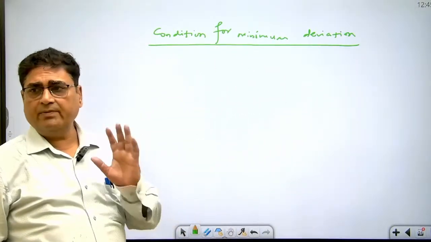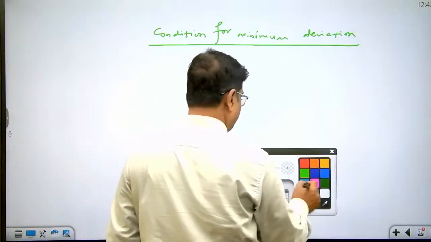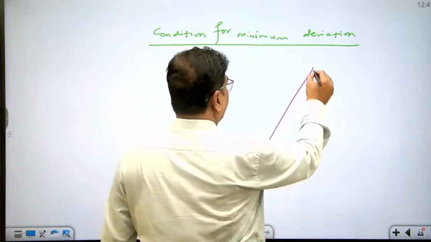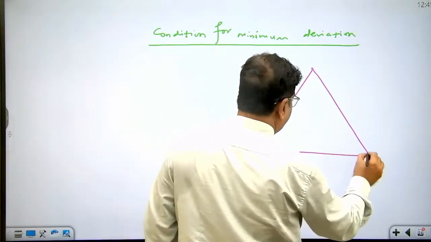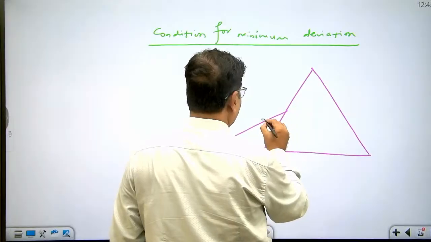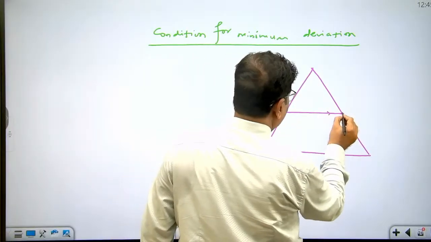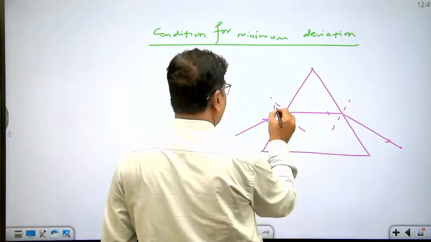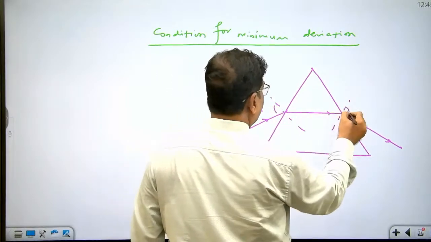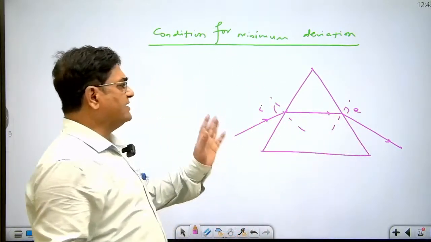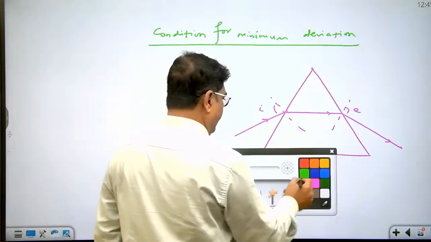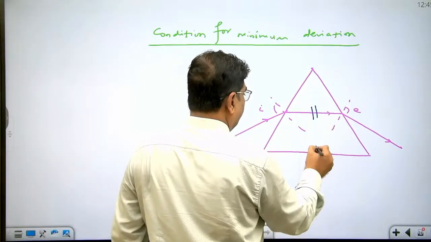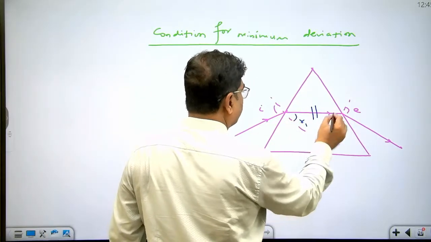In case of minimum deviation, whenever you want to find minimum deviation in any prism, the most important thing is that the light ray must be symmetrical, meaning angle of incidence must be equal to angle of emergence. And when angle of incidence equals angle of emergence, the light ray remains parallel to the base, meaning R1 remains equal to R2.